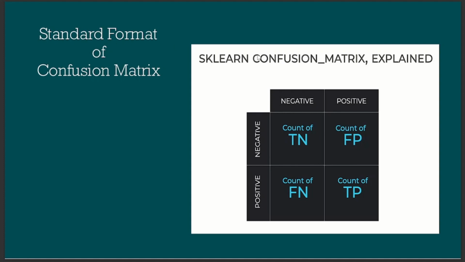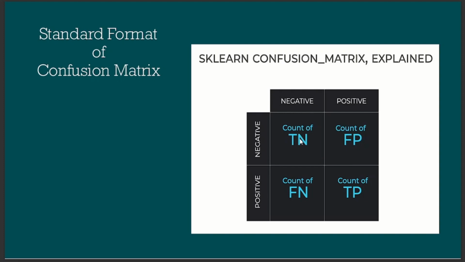So how does this confusion matrix look? This is how it looks. When you import the confusion matrix method from sklearn and give it the necessary parameters, you'll get the counts in this format.